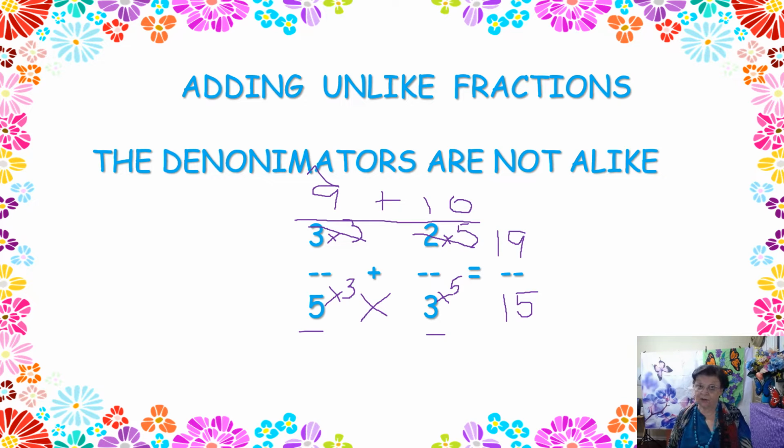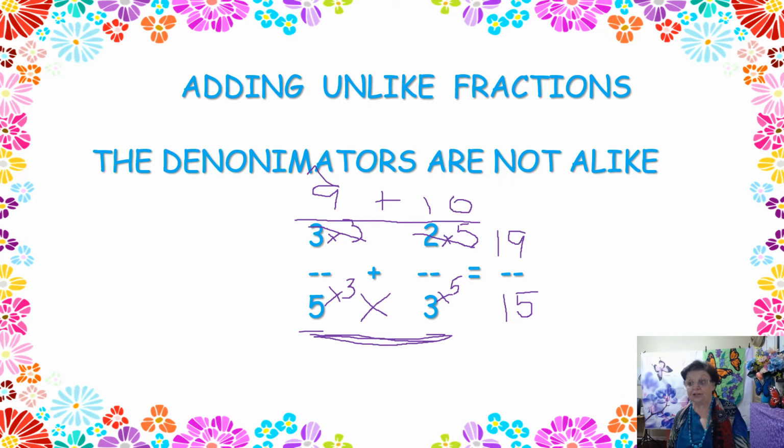There is a harder way to do this, but I don't like hard. I'm going to show you the easy way, called the easy common denominator. You have to make the denominators alike. The ones we've looked at so far, the denominators were already alike.